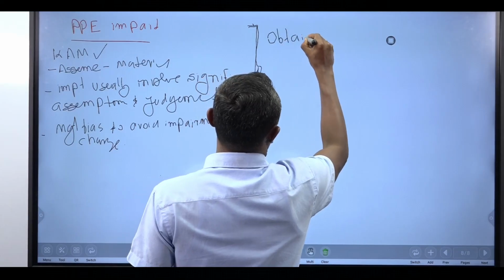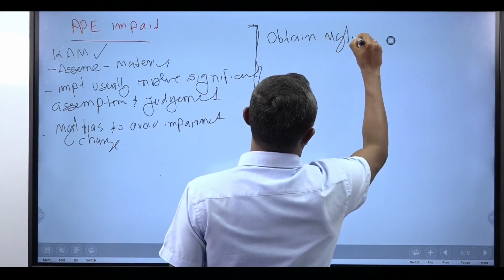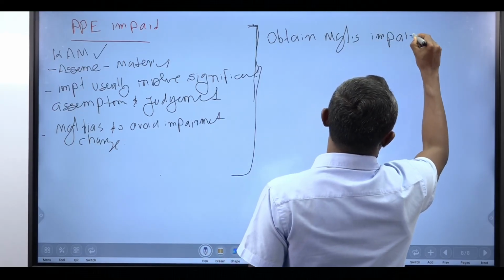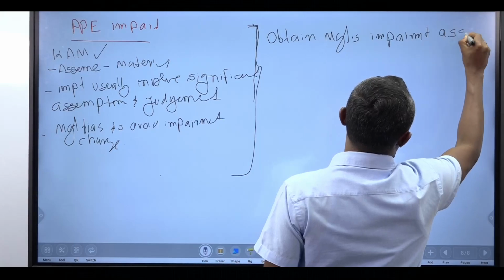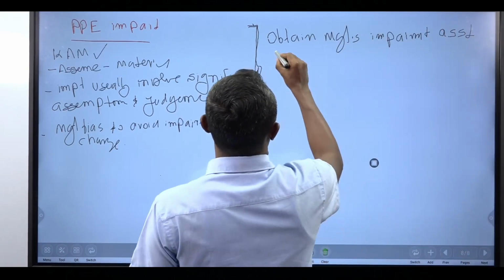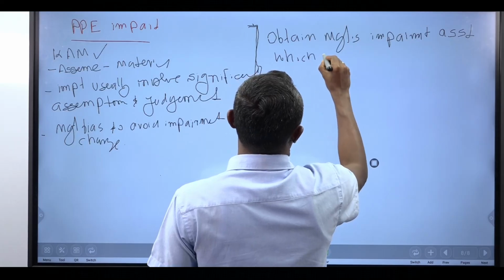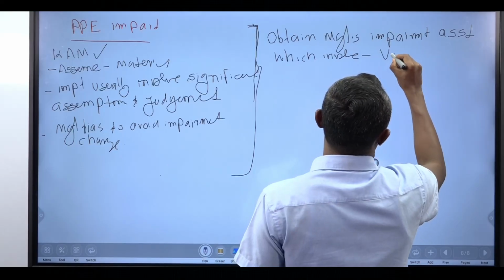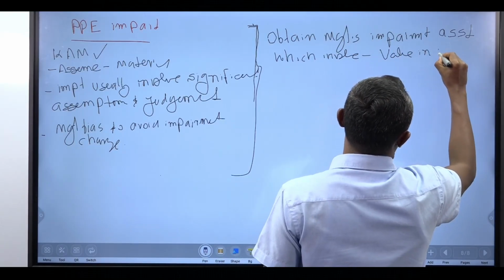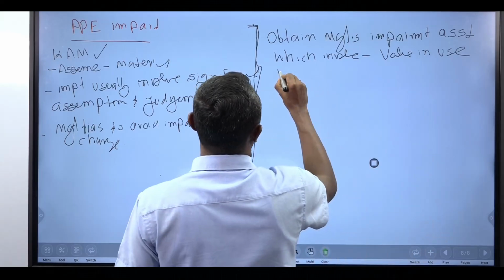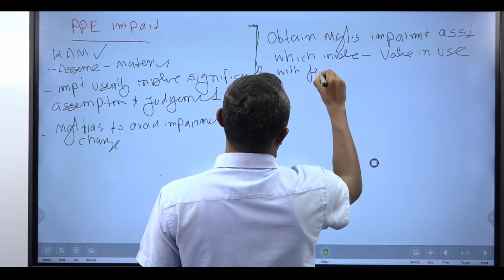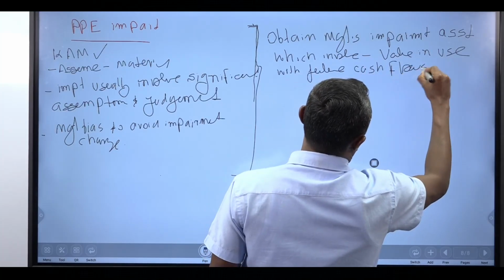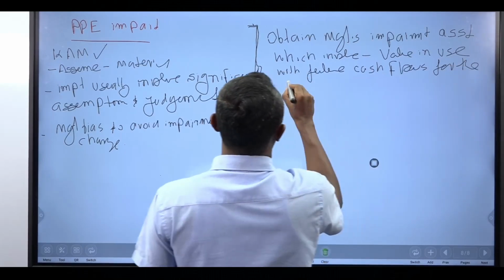Obtain the management impairment assessment, which usually involves a value in use calculation with future cash flows for the CGU. So remember, impairment is always done for a cash generating unit.